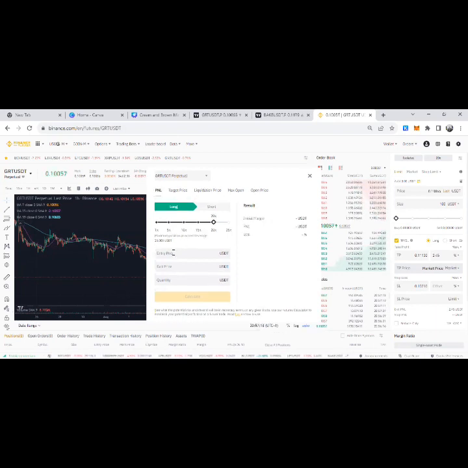Let's say we put our entry price at 0.10864, and our exit price at 0.1130.